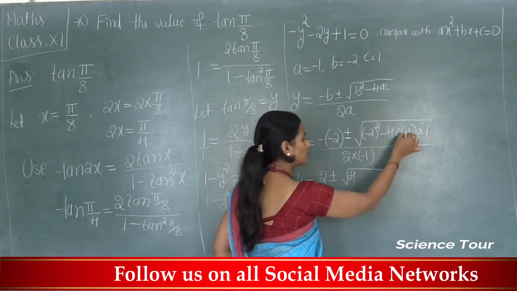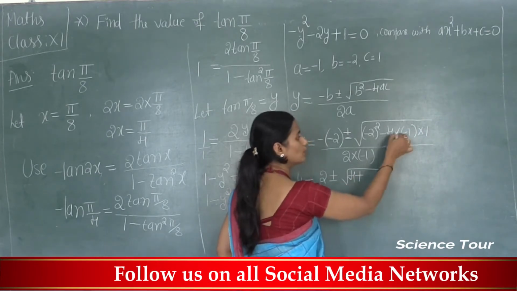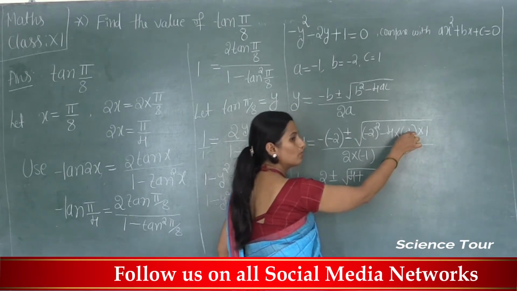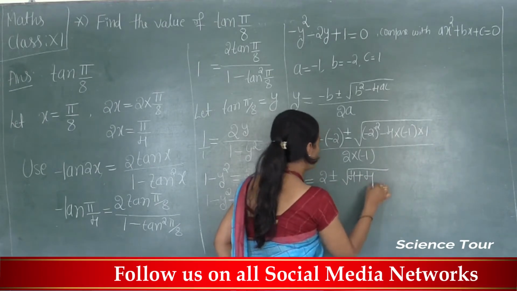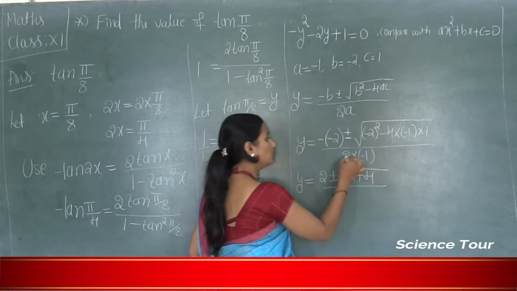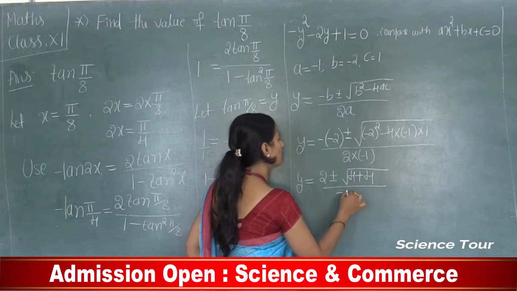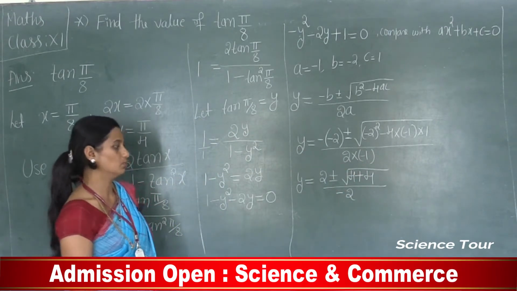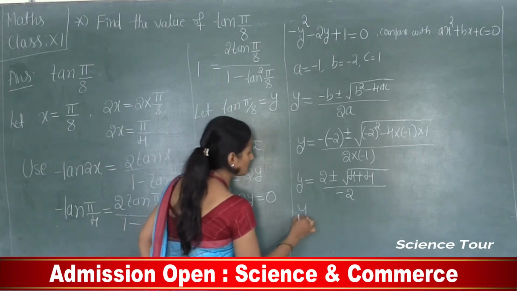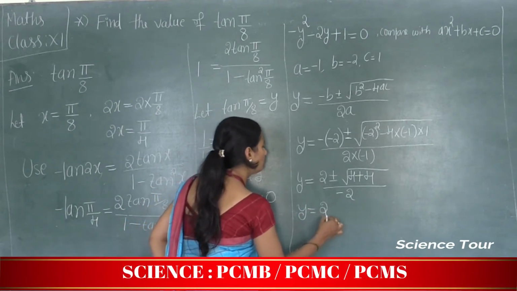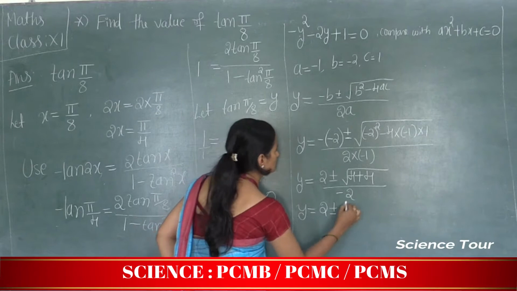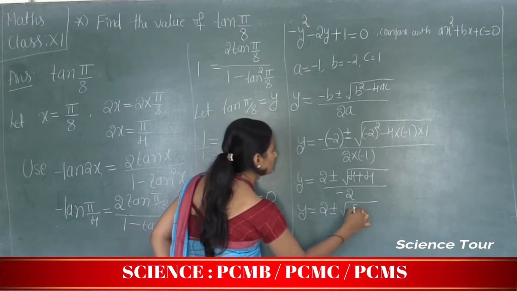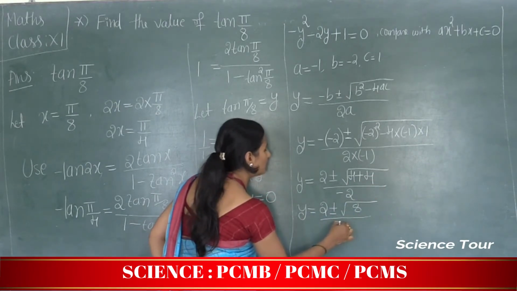So minus into minus plus 4 into 1 is 4. Divided by 2 into minus 1 is minus 2. So therefore y is equal to 2 plus or minus square root of 4 plus 4 is 8, divided by minus 2.